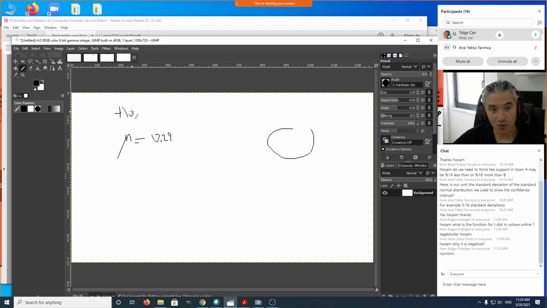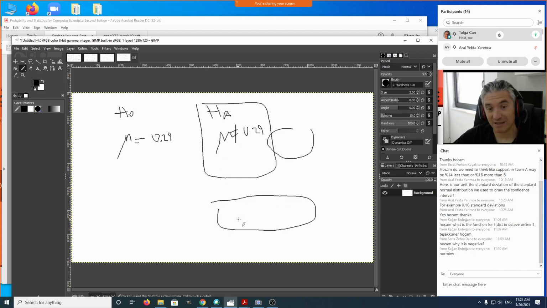This is our normal case. The alternative hypothesis will be mu is not equal to this value. Using a sample which may be collected from an intruder or not, we are going to try to determine whether the sample belongs to this null distribution, the normal case, or to the alternative: somebody else with a different mean, not the same person with 0.29.